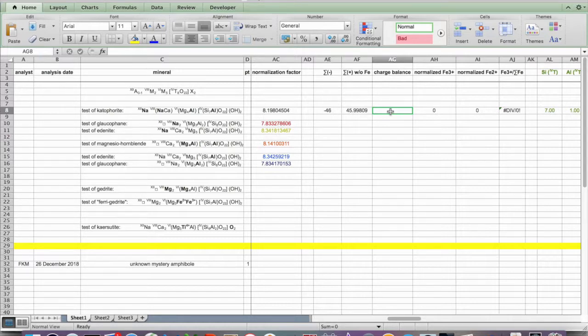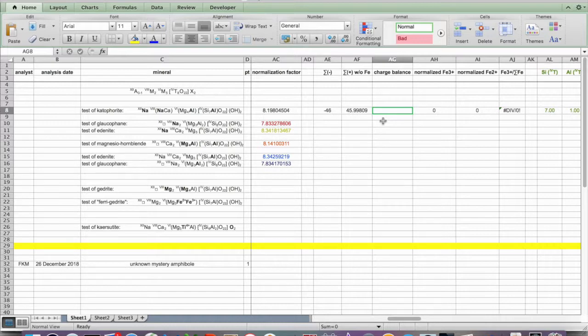If the number is, say, within 1% of one of these, and so, for example, if the number is less than 0.4, give or take, then I'd say the analysis is probably still pretty good. Maybe not quite as good as it could be, but probably still pretty good. On the other hand, if this number ends up being something like 5% or 10% of what one of these are, then I'd say that the charge balance is not very good.